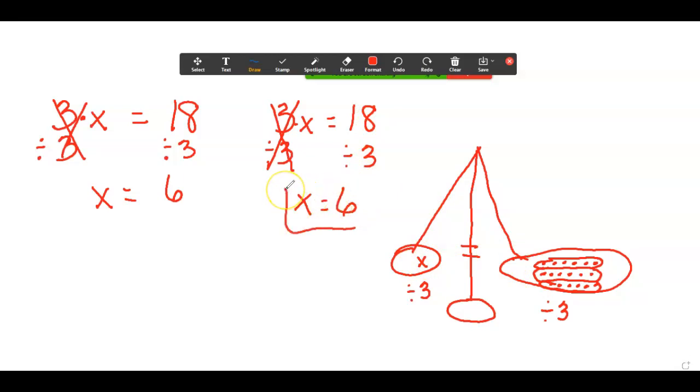So I would say x equals 6. Now I can always check that by plugging in the 6 in place of x. Well, is 3 times 6 18? It absolutely is.